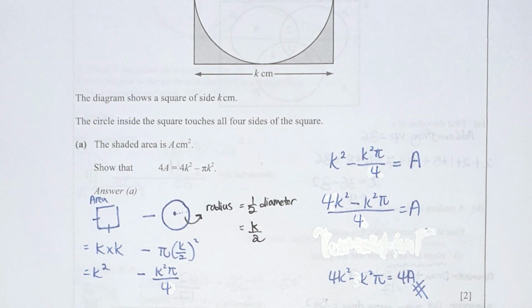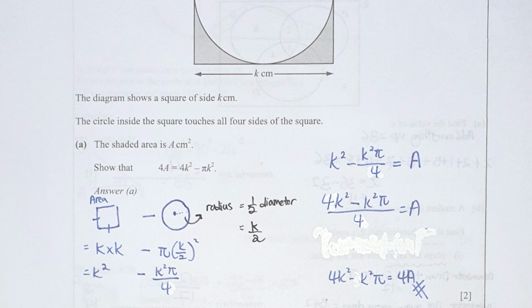Question 16 here, the key assessment is the characteristics of a square. To calculate the total area, take k times k, which is k squared, and subtract the circle's area.